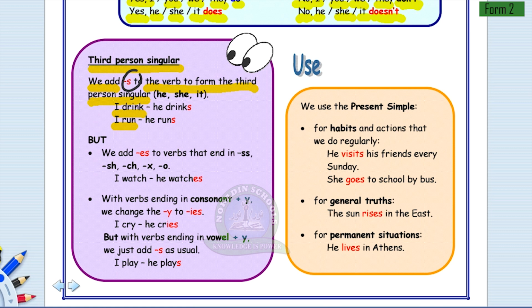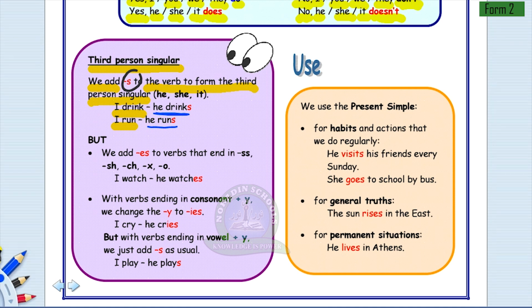But when it comes to third person singular, we say he drinks. If we are talking about a singular, he, she, it, we say he runs. We don't need to say he run. He runs.